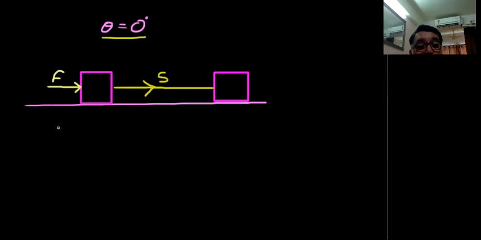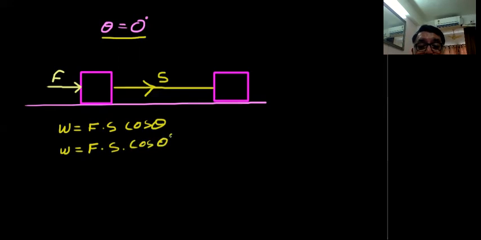Now applying our formula, work equals F into S into cos theta. So in this scenario, work done equals F into S into cos 0 degrees. Now we all know the value of cos 0 equals 1.